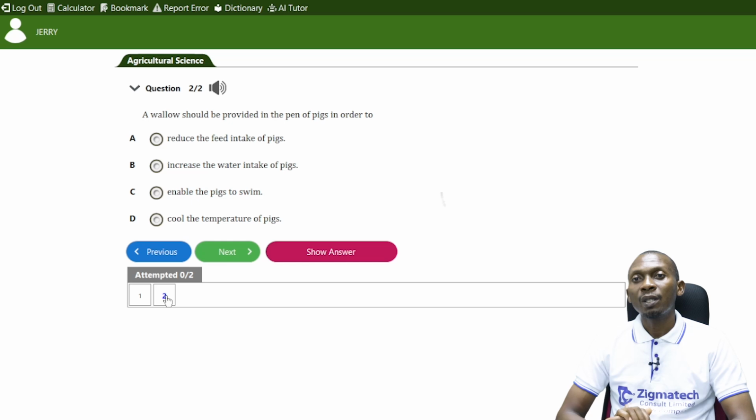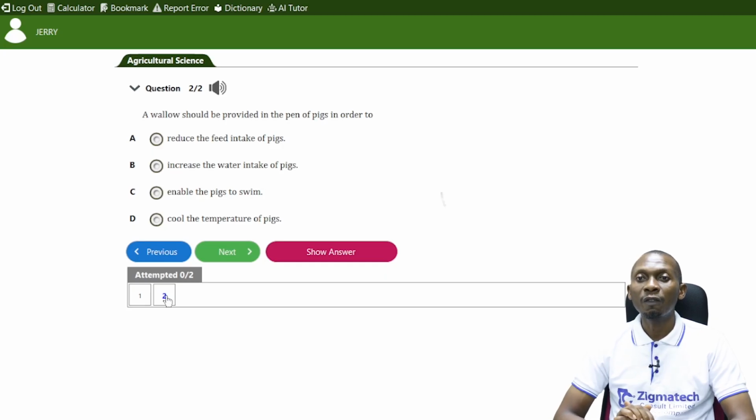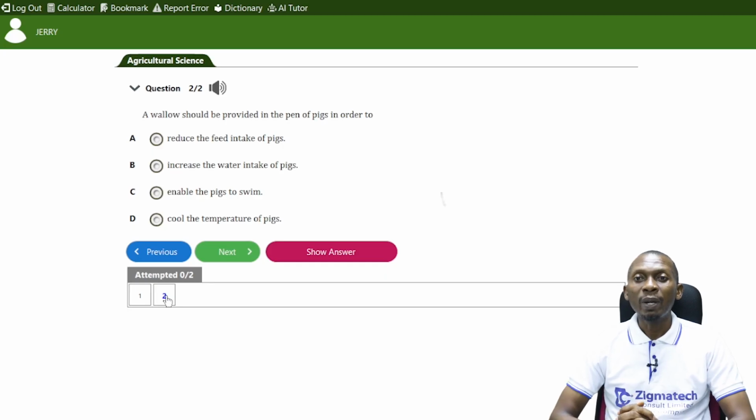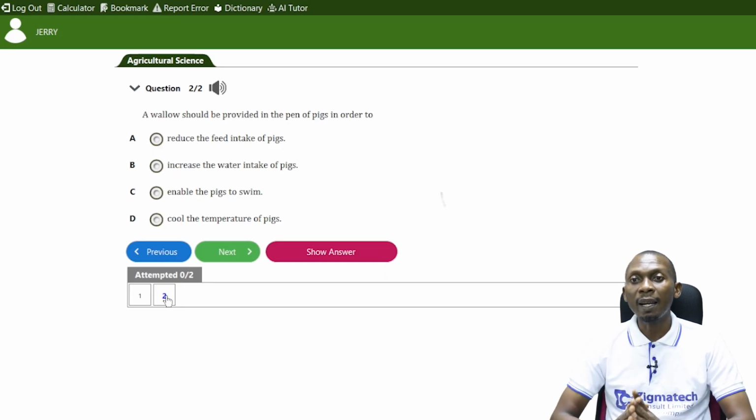Okay, this question says, a wallow should be provided in the pen of pigs in order to A. Reduce the feed intake of pigs, B. Increase the water intake of pigs, C. Enable the pigs to swim, and D. Cool the temperature of pigs. Remember when I was talking about the effects of temperature on animals, where extremes of temperature could cause heat stress in poultry birds, in pigs, in cattle.